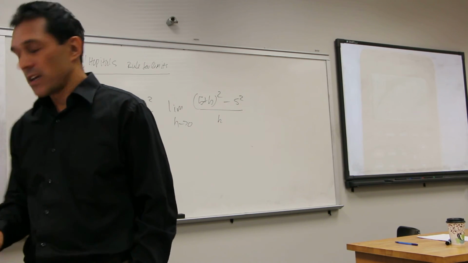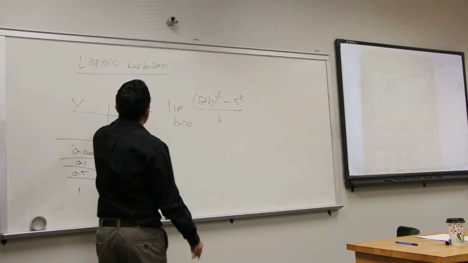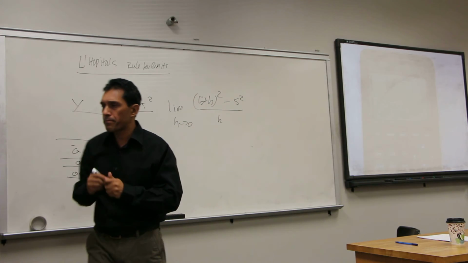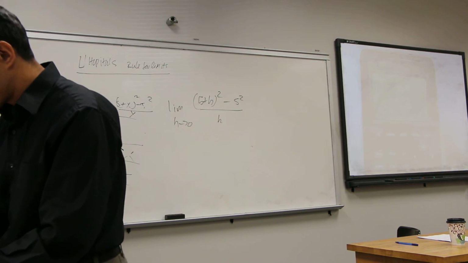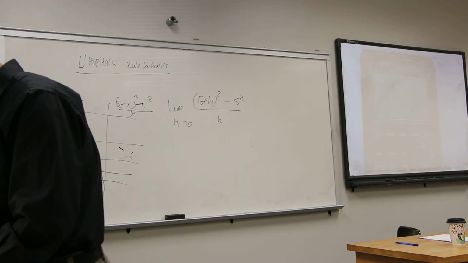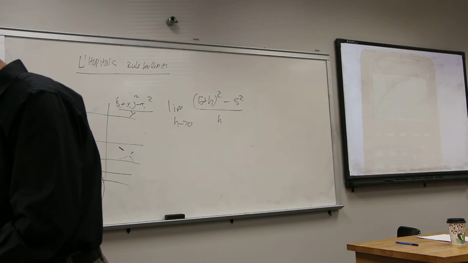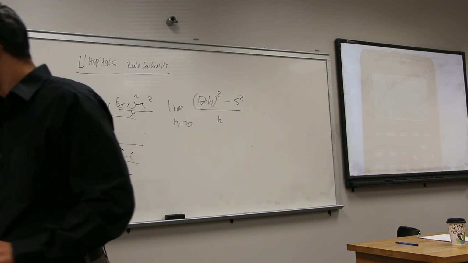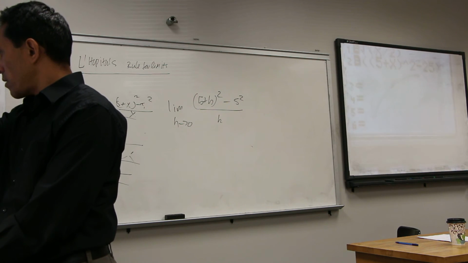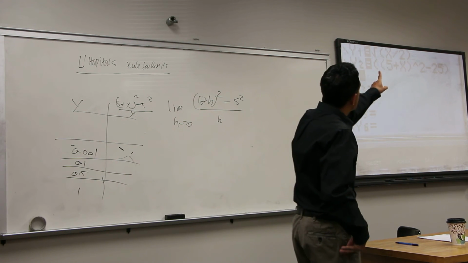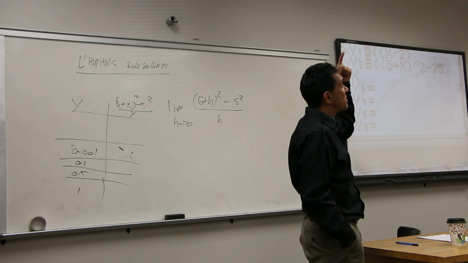Right, Ms. Yasmina? What function am I looking at? (5 plus x) squared minus 5 squared divided by x. Put in parentheses. Do you see that function, Mr. Boji? (5 plus x) squared minus 25 divided by x, and I'm going to let x be very, very small.